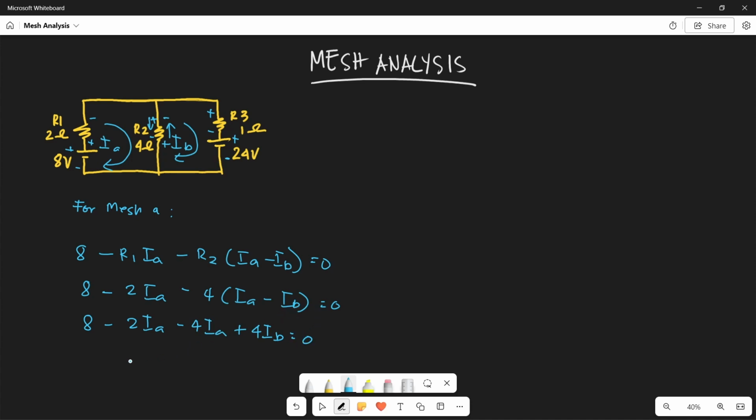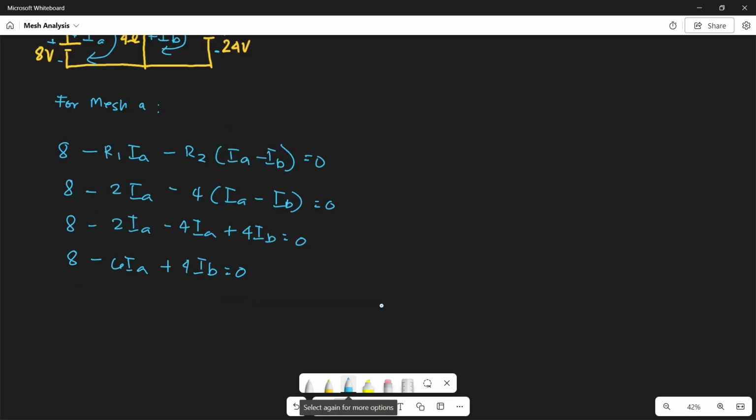And then combine like terms, 8 minus 2 IA minus 4 IA, so 6 IA plus 4 IB equals 0. So this will be our equation A.